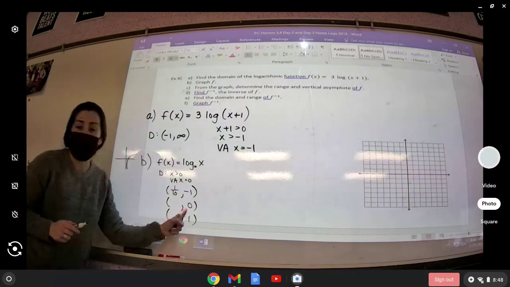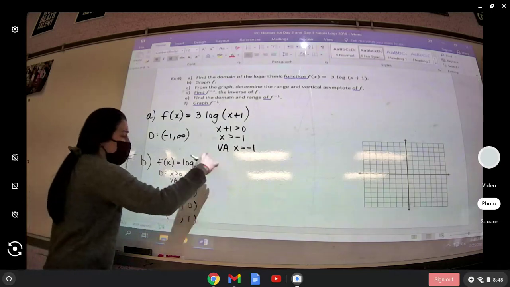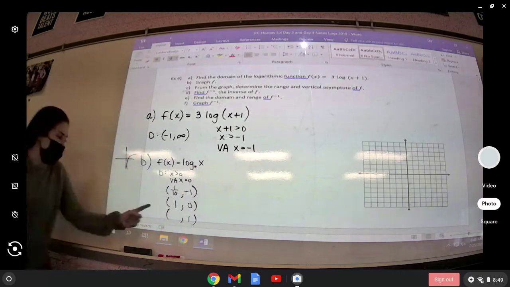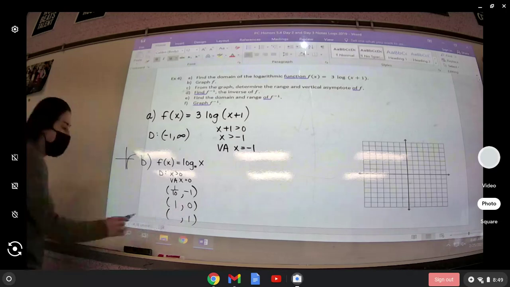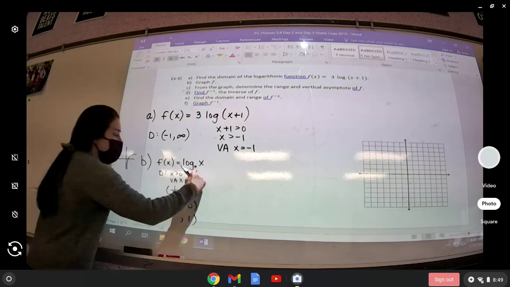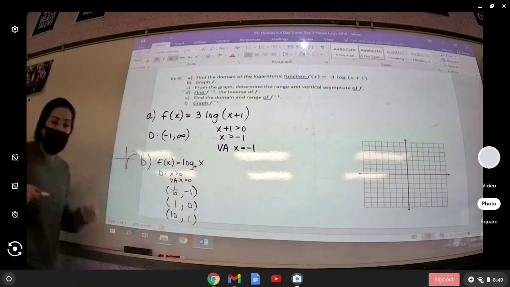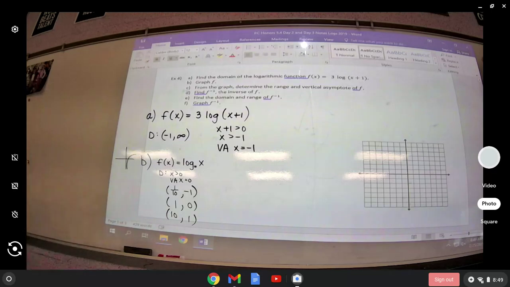If my exponent was 0, 10 to the power of 0 would have been 1. 1 is what I would have taken the log of. And there's that original x-intercept that all log graphs start with. All right, and then what if I wanted my exponent to be 1? 10 to the power of 1 would have equaled 10. 10 is what I would have taken the logarithm of to get 1 as my exponent. Does that make sense, Casey? Yes. Okay. All right.